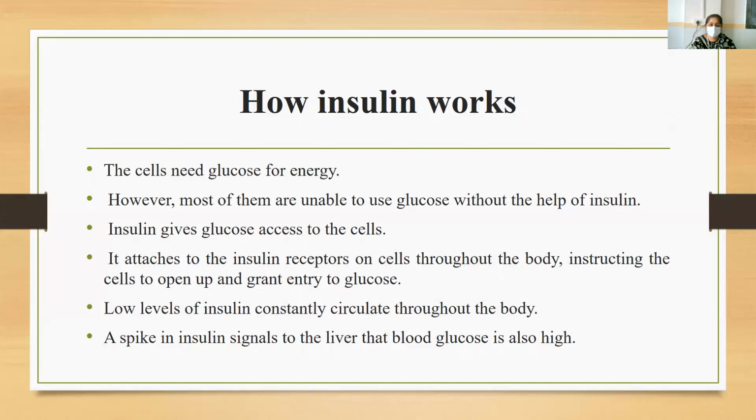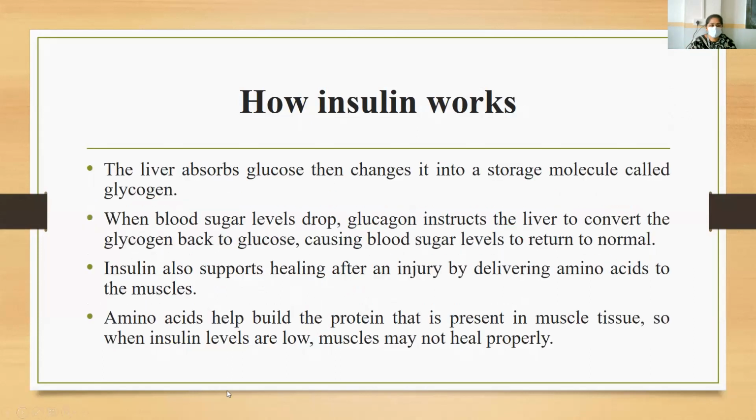The liver absorbs glucose, then changes it into a storage molecule called glycogen. This is what is called glycogenesis, synthesis of glycogen. When blood glucose level drops, what happens? Glucagon instructs the liver to convert the glycogen back to glucose, causing blood sugar level to return to normal.